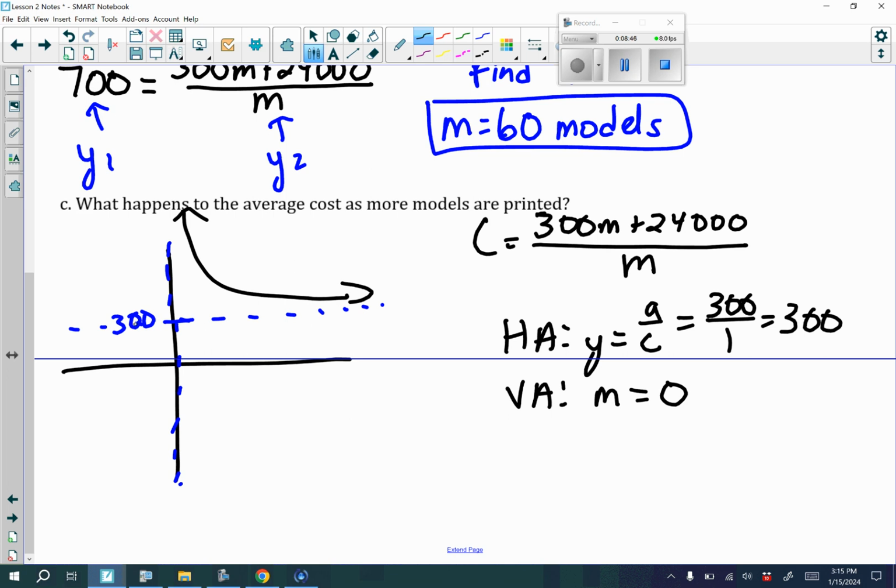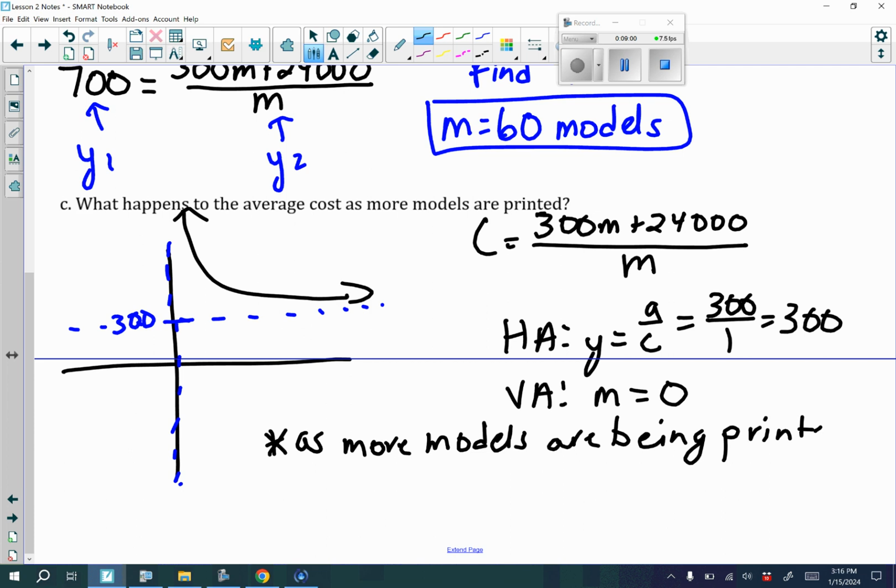So basically, as more models are being printed, the average cost approaches $300 because that's representing our horizontal asymptote.